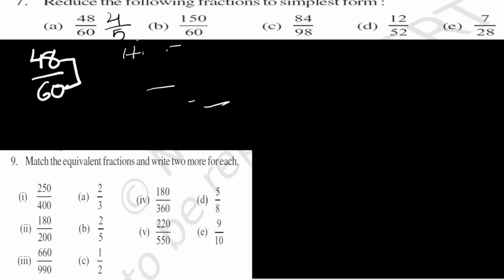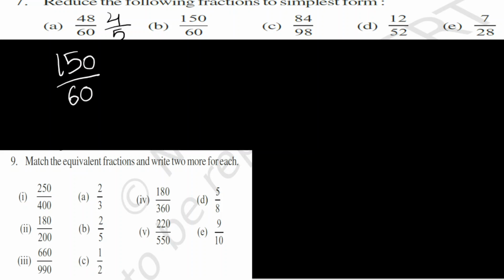Now let's come to the next one. The fraction given is 150 by 60. Let's cancel the zeros, and now the fraction is 15 by 6. Let's find the common factors. 3 is the highest common factor. It has only 3 as the common factor, so we can divide by 3.